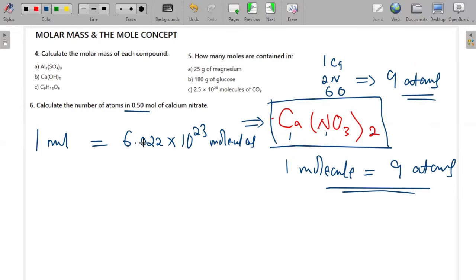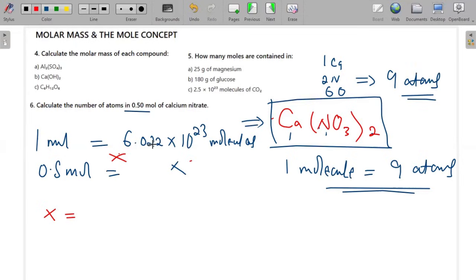Okay, so now what about if I have 0.5 moles? How many molecules am I going to have there? So I have to cross multiply. So it will be x multiplied by 1. That will just be x is equal to 0.5 multiplied by whatever I have here. So that will be 0.5 multiplied by 6.022.